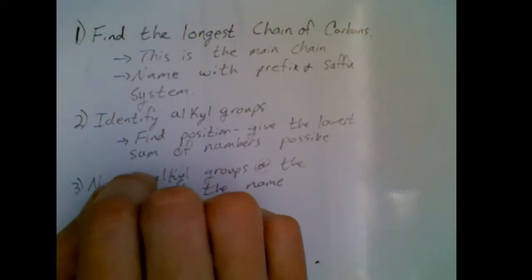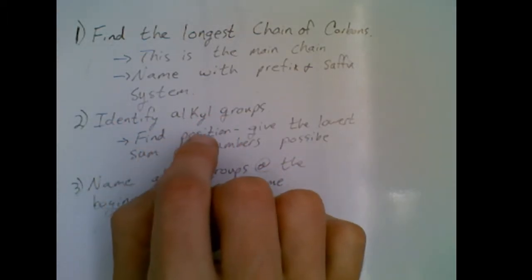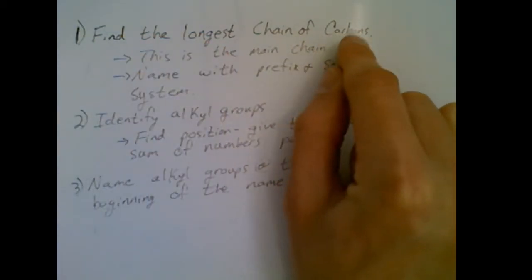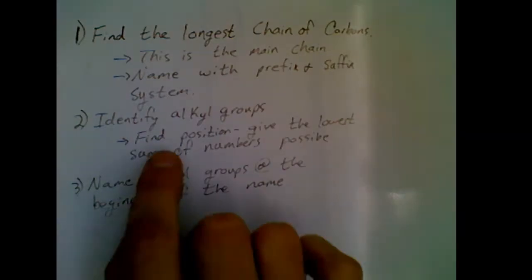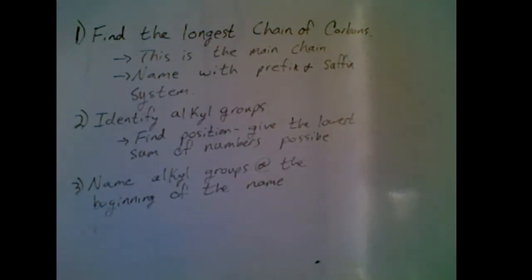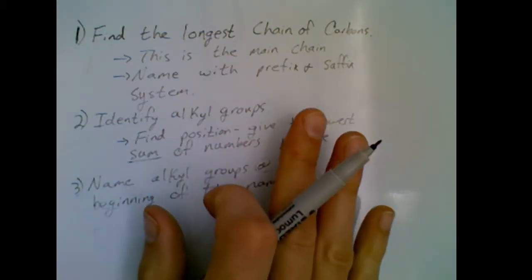Then identify your alkyl groups that come off of that chain, and you need to find the position of those alkyl groups. So you're going to number the longest chain of carbons, being sure to use the lowest sum of numbers when it comes to numbering the alkyl groups.